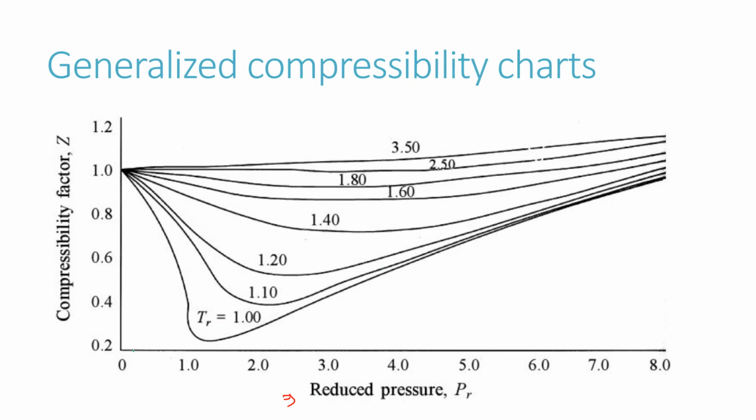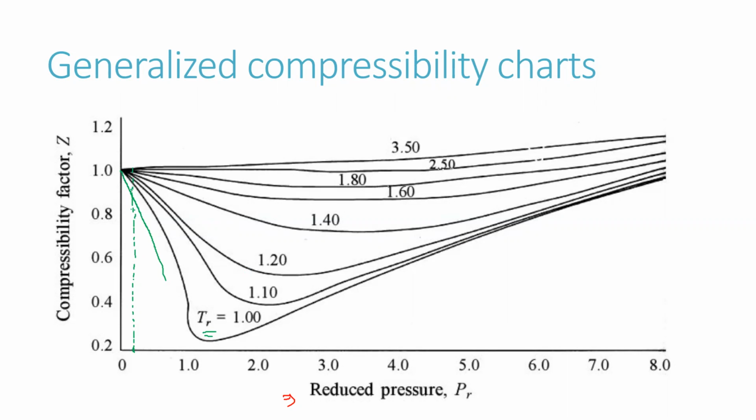P equals to 0.186, might be somewhere here. All right. So this is 0.186, something like that. Somewhere here. Okay. And for 0.93, this is the curve for TR equals to 1. So for TR equals to 0.93, it's going to be something like this, right? Actually between these two.